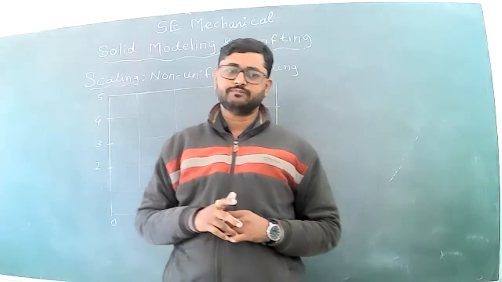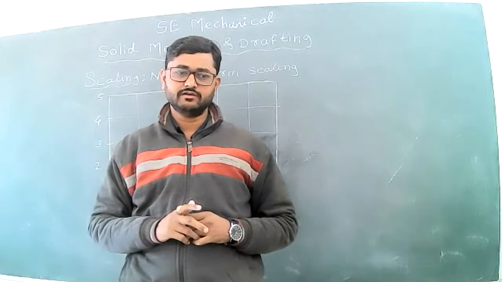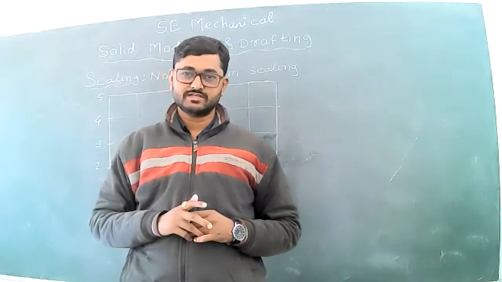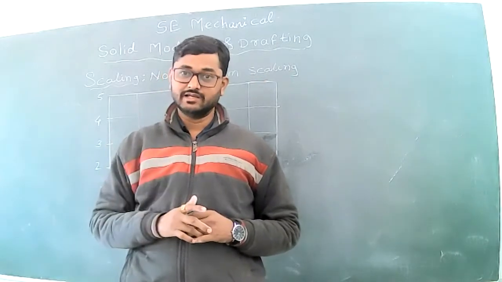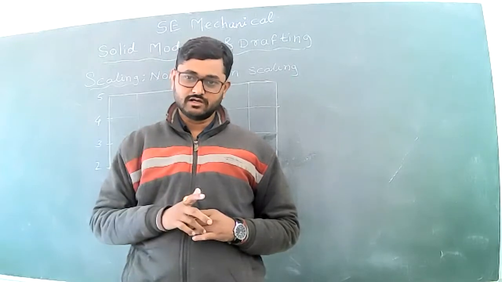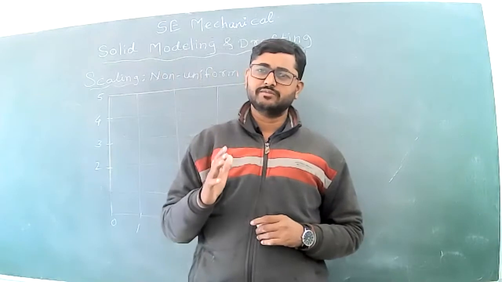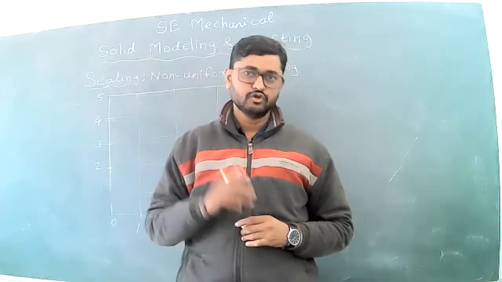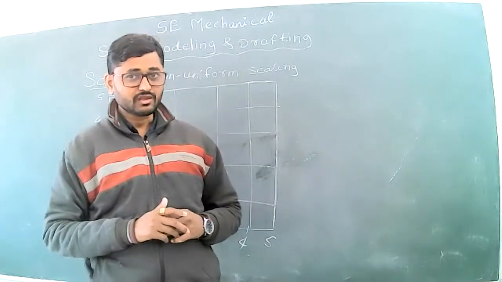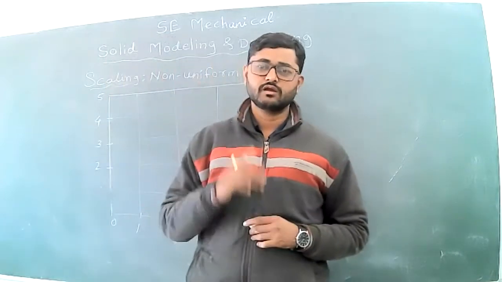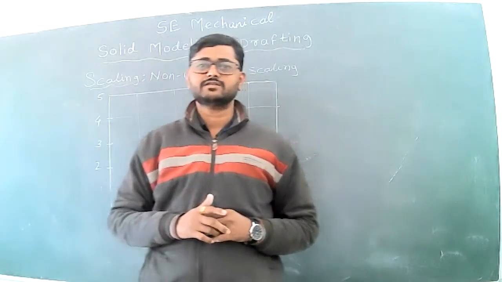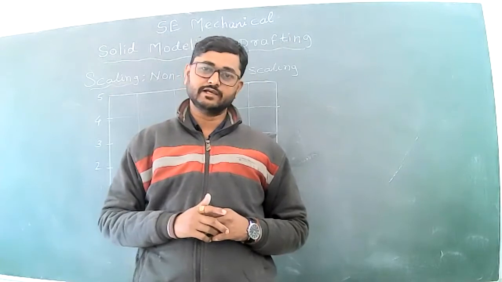The object size is different in x and y direction, is called as non-uniform scaling. This is called as scaling. And in previous lecture, we have already covered the first type, uniform scaling. So in today's lecture, I would like to explain the second type of scaling, non-uniform scaling.